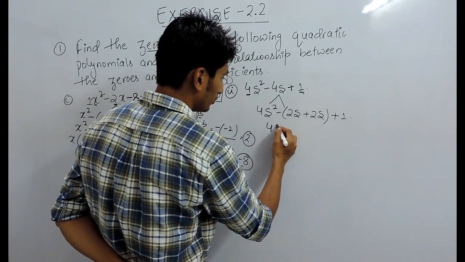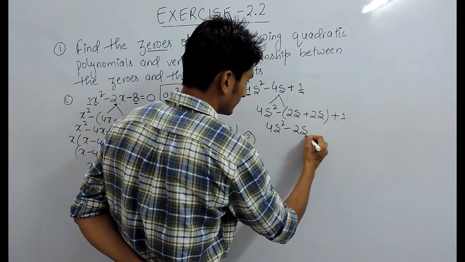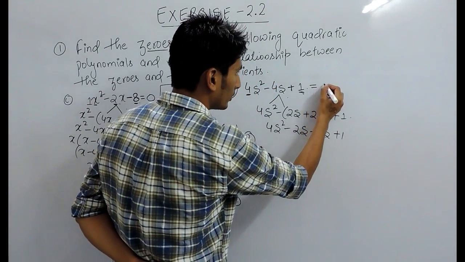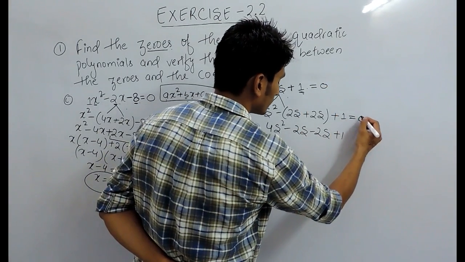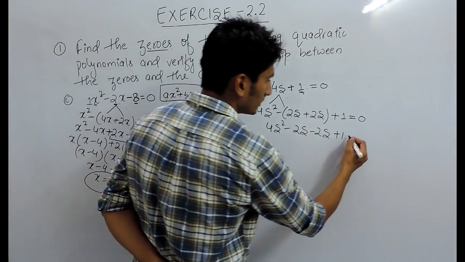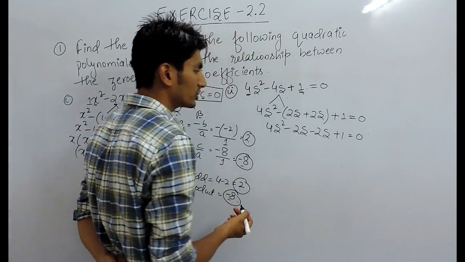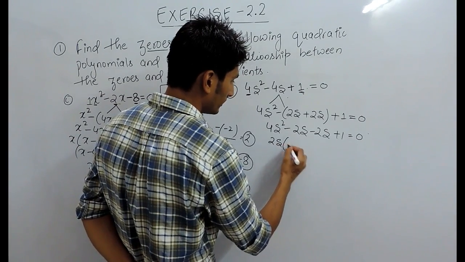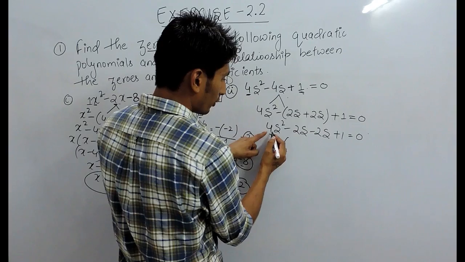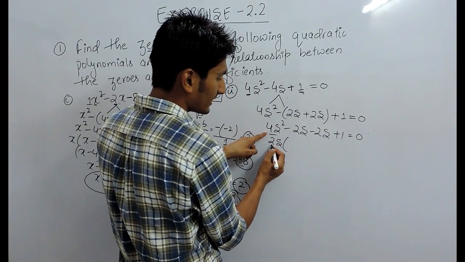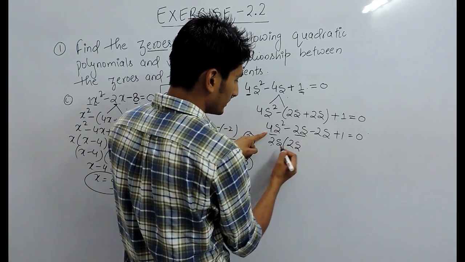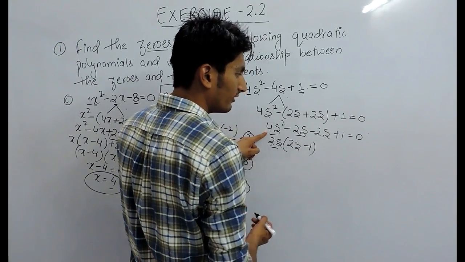After that you have to open the bracket. This will be 2s plus 1, and because you are finding the zeros, this equation must be equal to 0. Taking 2s as common, 2s will be a factor taken out, so only 2s will remain inside, and from the other only 1 will remain.